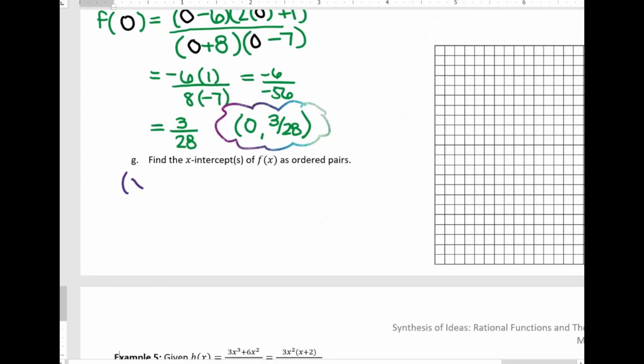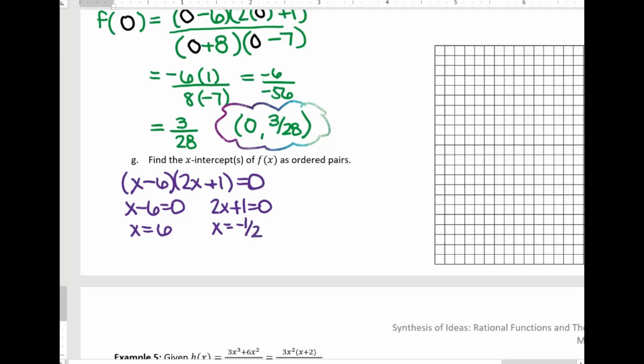So we're going to have x minus 6 times 2x plus 1 equal to 0. x minus 6 equal to 0 gets me x equal to 6. 2x plus 1 equal to 0 gets me x equal to negative 1/2, which means I have the ordered pairs of 6 comma 0 and negative 1/2 comma 0, because we plug 0 in for y.